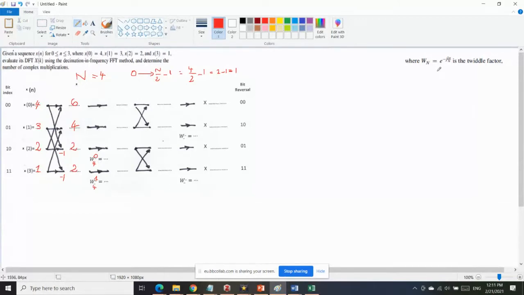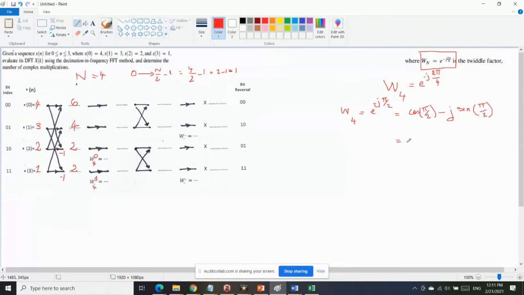How do we calculate this? We have the twiddle factor rule, which we must memorize. So for us W4 equals e to the power of minus j 2 pi over 4, that's e to the power of minus j pi over 2, which is cosine pi over 2 minus j sine pi over 2.